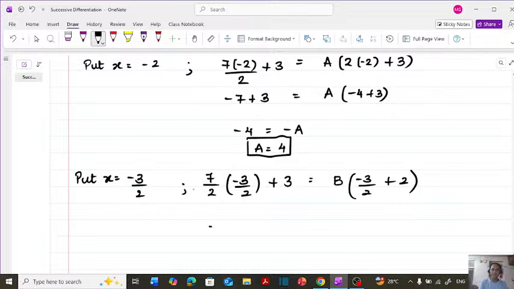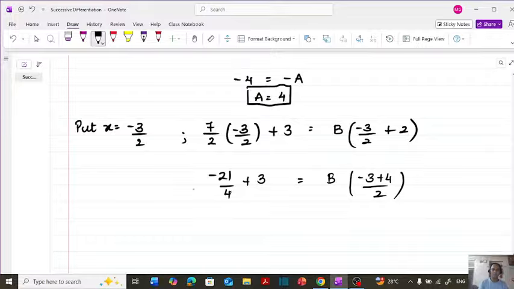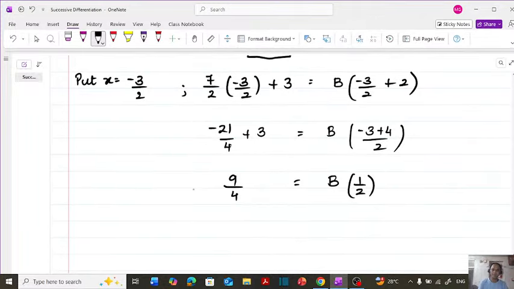So here it is minus of 21 divided by 4 plus 3, and here it is going to be b times minus 3 plus 4 divided by 2. Okay, so 12 and 21, so that's going to be, here it is going to be half, here it's going to be 9, right? 9 by 4. So here you get b equal to 9 over 2.